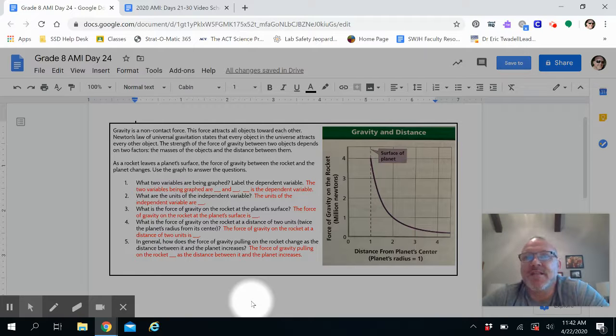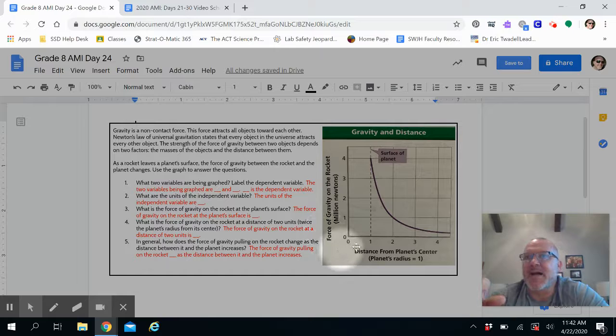So when I look at this question, the first thing I notice is I have a short reading prompt, and then I have a graph. The title of the graph is Gravity and Distance. My independent variable is on the x-axis here, and my dependent variable is on the y-axis here.